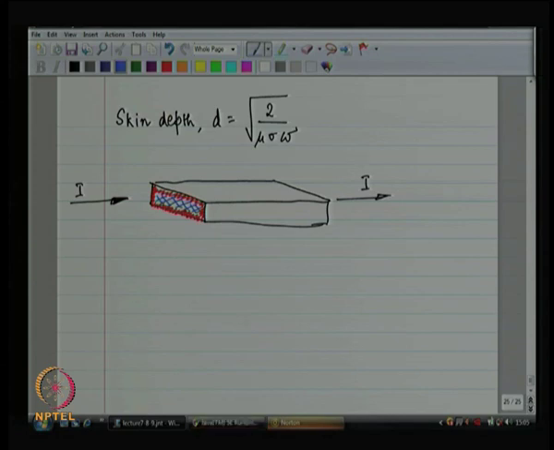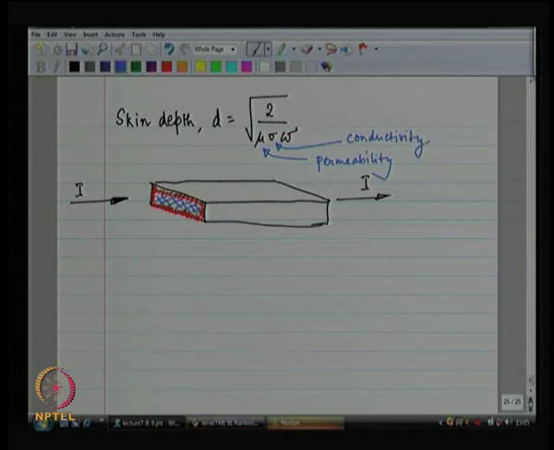What are the different things in the formula? Mu is the permeability and sigma is the conductivity. 1 by rho is sigma. Okay.